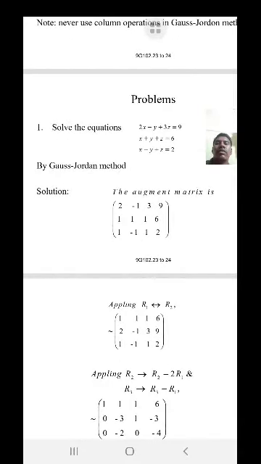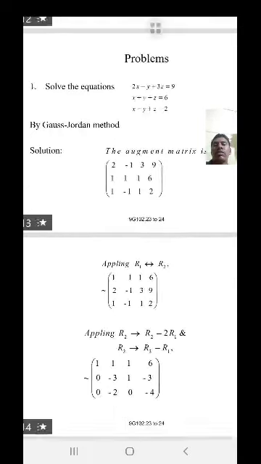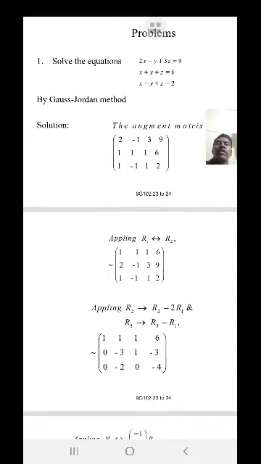Solution: the augmented matrix is 2 minus 1 3 9, 1 1 1 6, 1 minus 1 1 2. First we need 1 as the first row, first element. Here we have 1 in the second row.